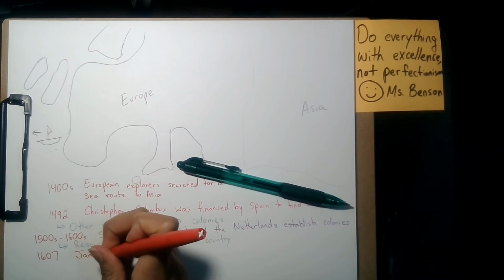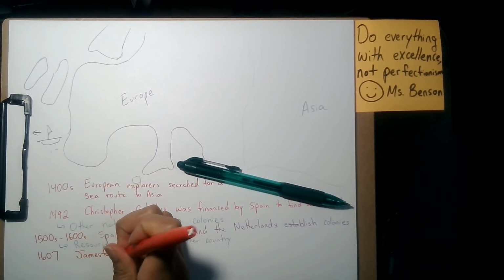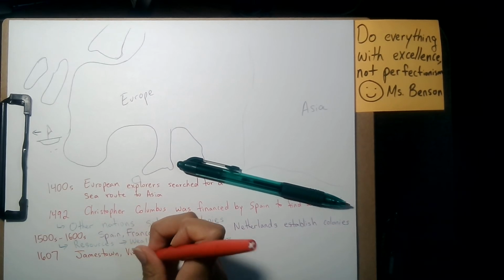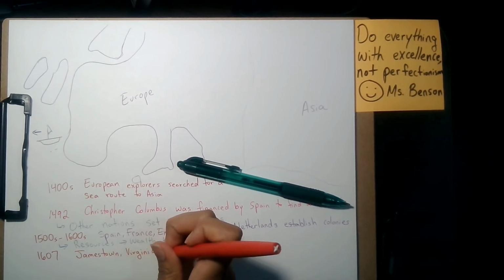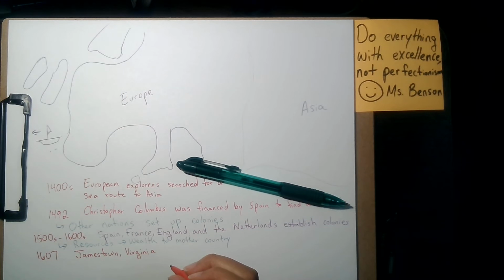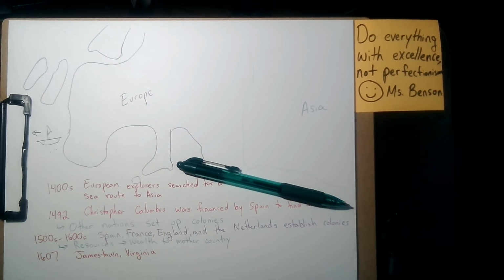This is Jamestown, Virginia. Well, modern day Virginia. So we have Jamestown in 1607. There were other colonies that were already existing, for example, Roanoke, which mysteriously disappeared.